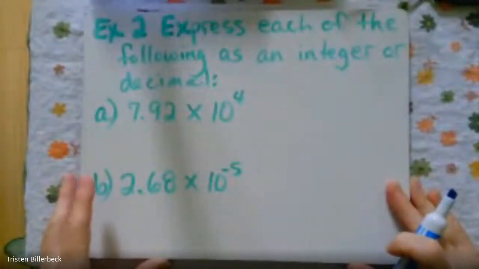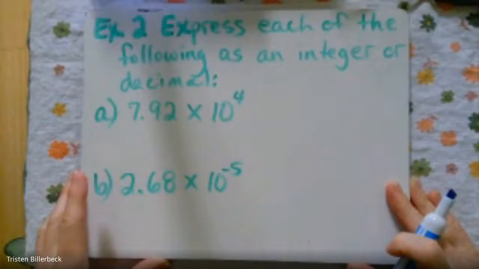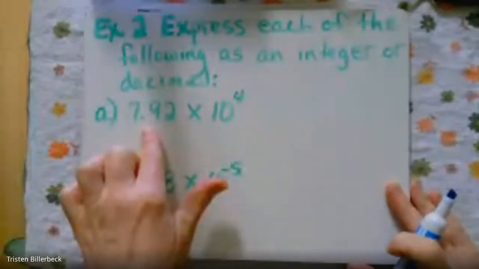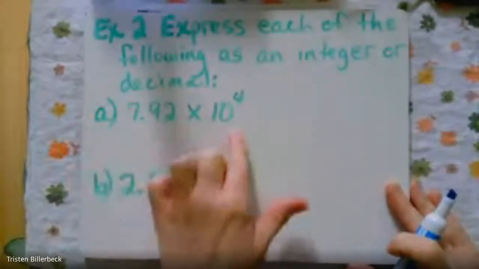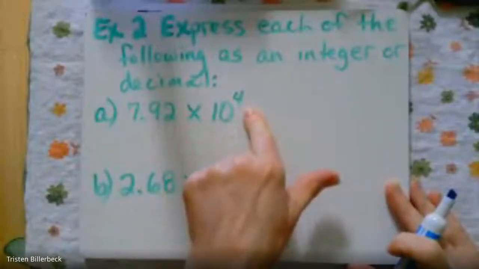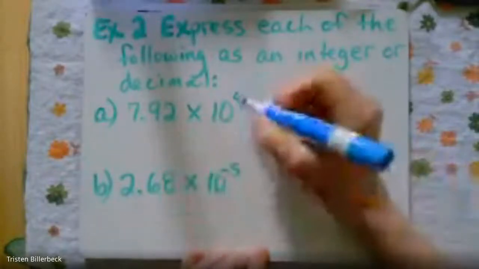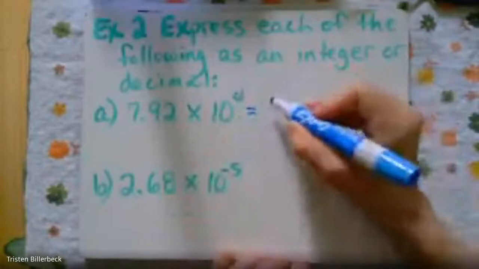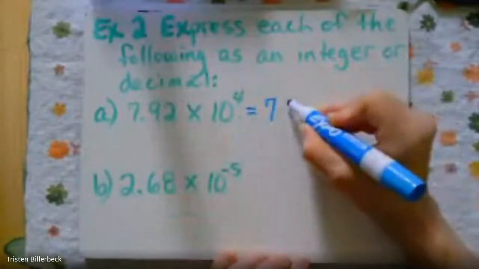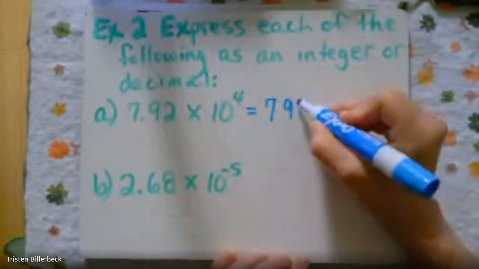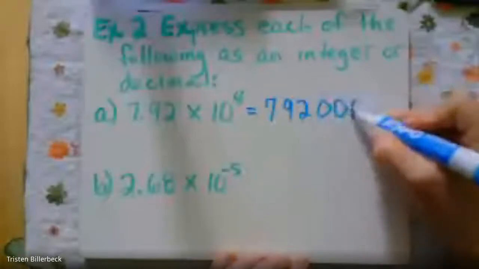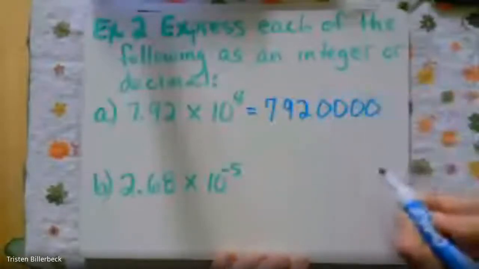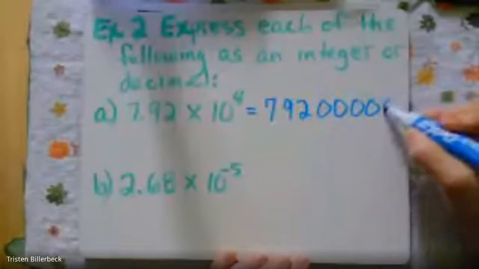So let's express each of the following as an integer or decimal. In this case, we're multiplying by 10 4 different times. So if we write this number out, 7, 9, 2, and let's add a few zeros because we're not quite sure how many we're going to need.